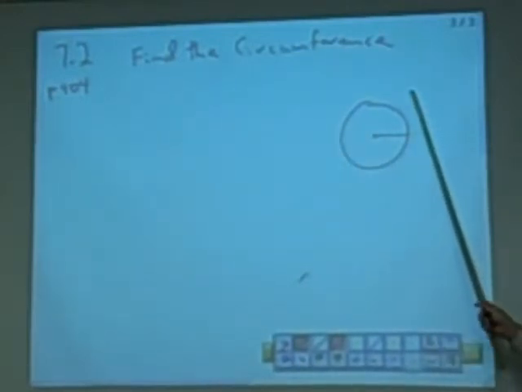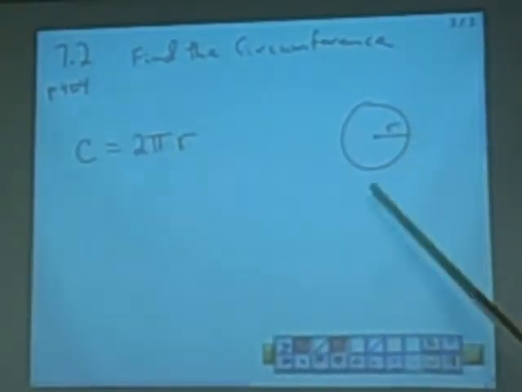And he went around and around and around. Well, he would wear out a path of a circle. That's the circumference. The circumference is like that outer edge. It's like the perimeter, but for a circle. Okay?